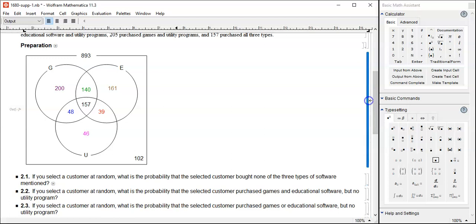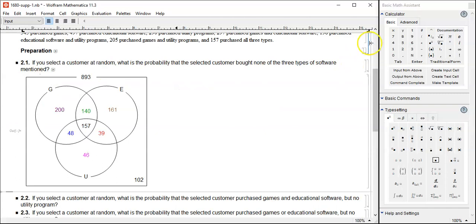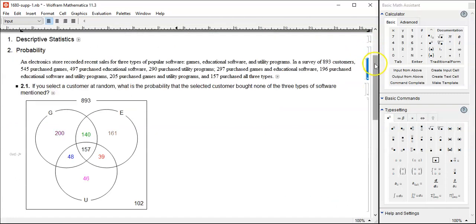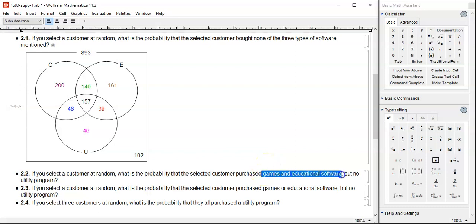Same Venn diagram. If you select a customer at random, what is the probability that the selected customer purchased games and educational software, but no utility.